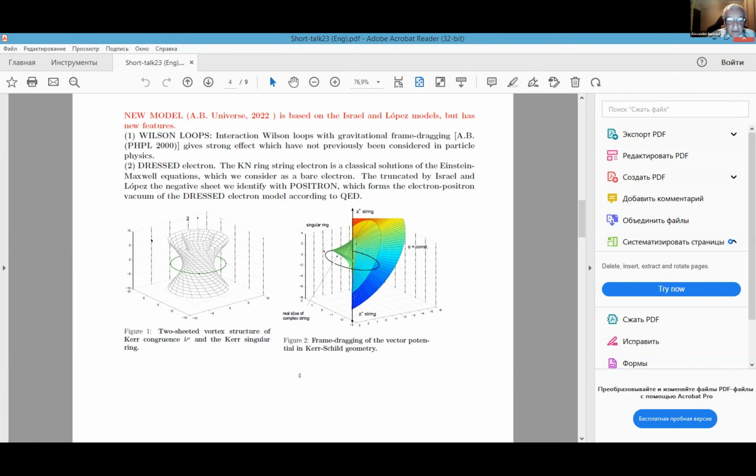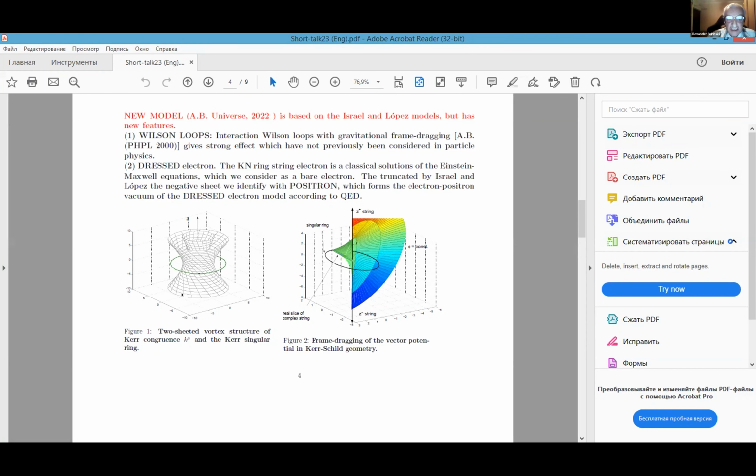So there are two sheets of the metric, a sheet of ingoing congruence going through this singular ring, which becomes the outgoing Kerr congruence.